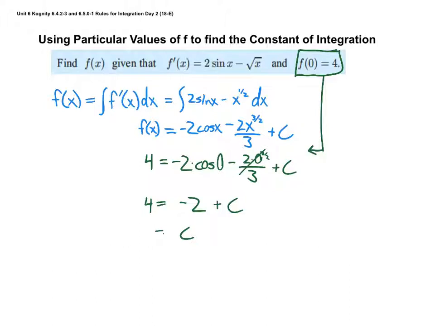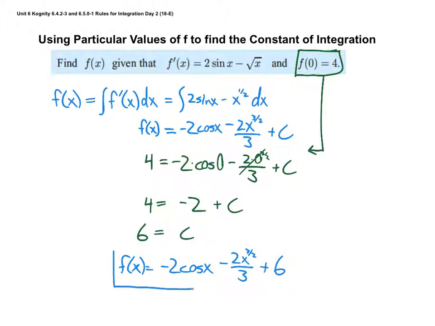So c equals 6. And that gives us our final answer for what f of x is. F of x is -2 cosine x minus 2x to the 3/2 over 3 plus 6. That's the specific solution that will make it go through the point 0, 4.